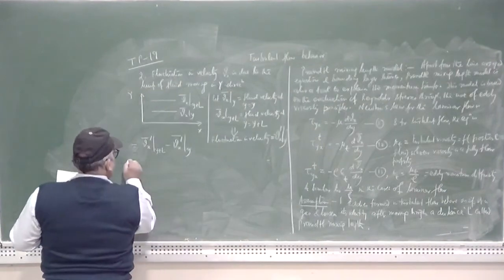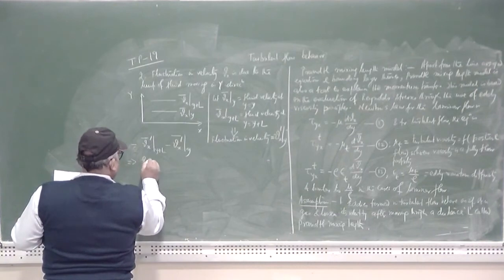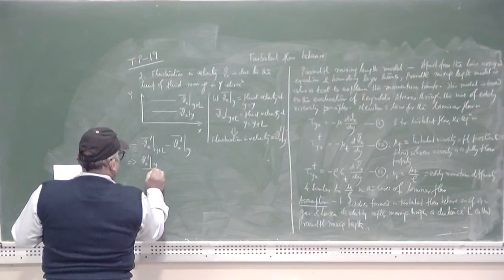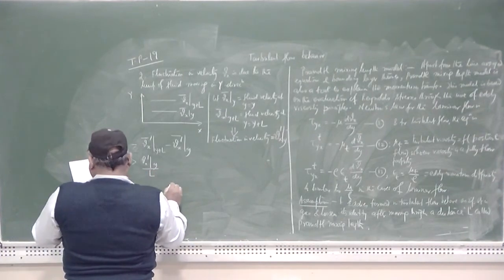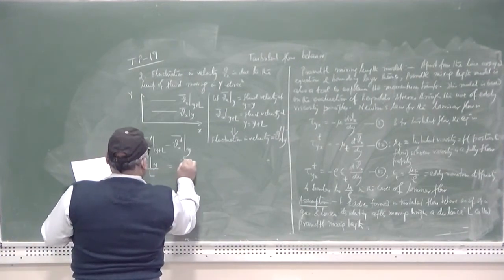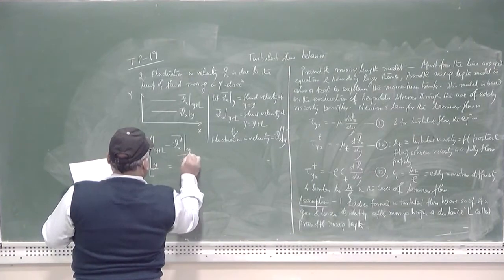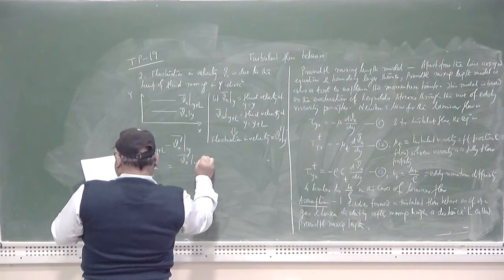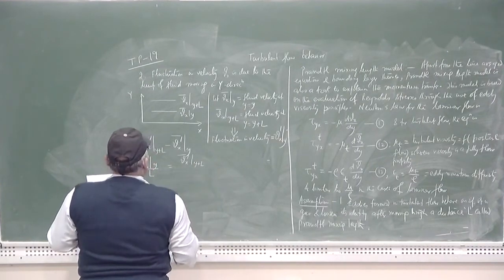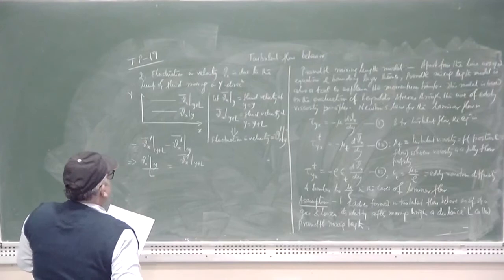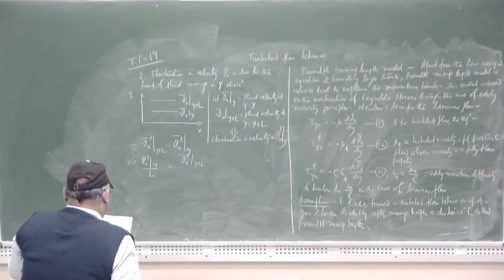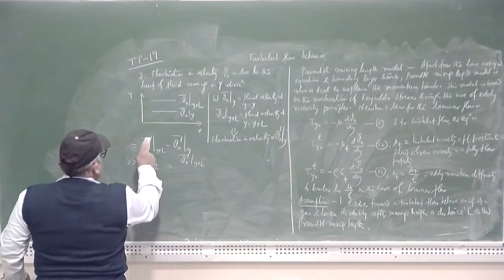So, you can write Vx prime at y divided by L is equal to Vx average at y plus L. Wait, here this should not be prime.